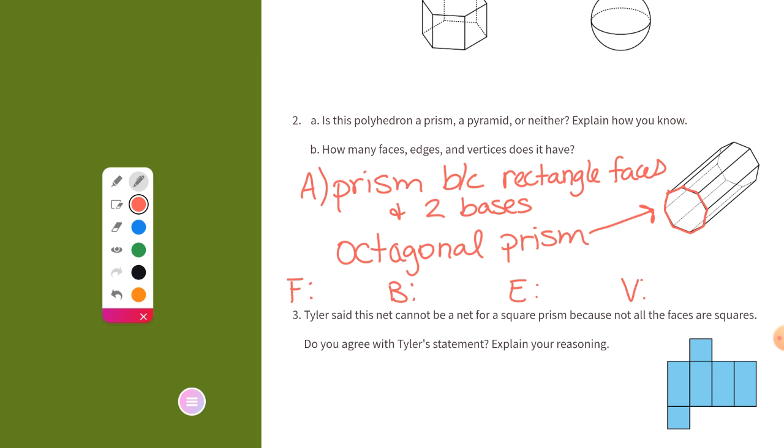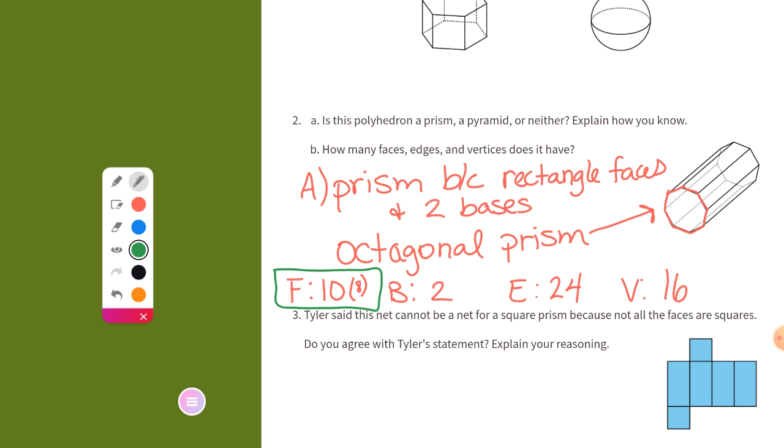Now, why do most of you probably not like the faces answer? I put 8 in parentheses because I'm assuming most people had 8. Are bases faces? Faces include the bases.